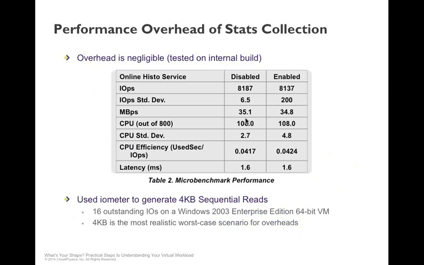I'm going to give a demo, but before that I just wanted to say, a lot of times when you talk about any kind of performance data gathering, rightly so, folks are concerned about the performance overhead. Now this data was collected many years ago, and modern processors are so much faster.